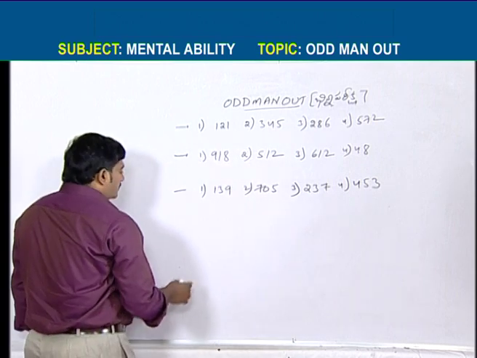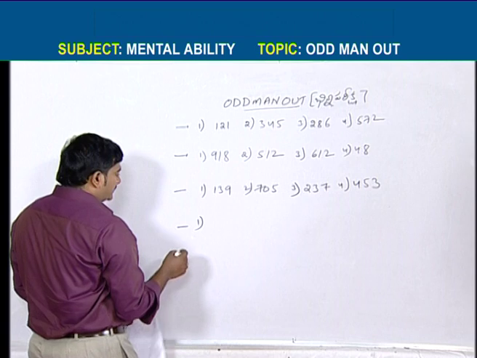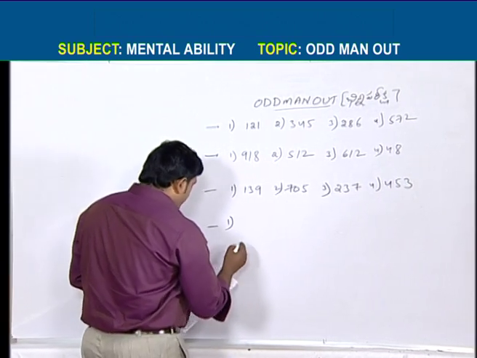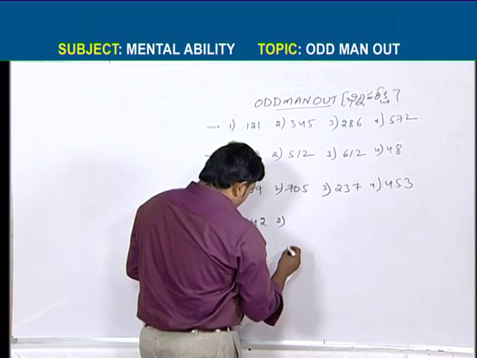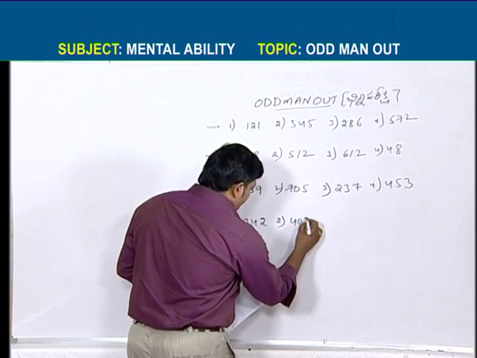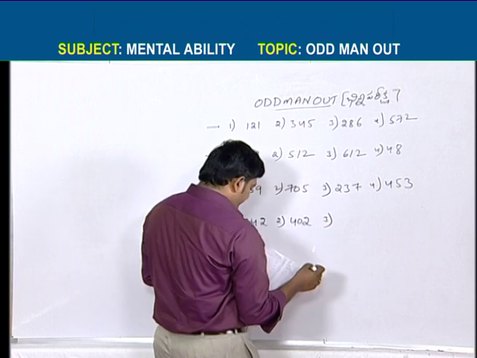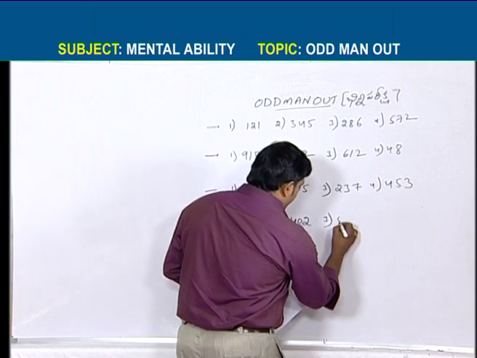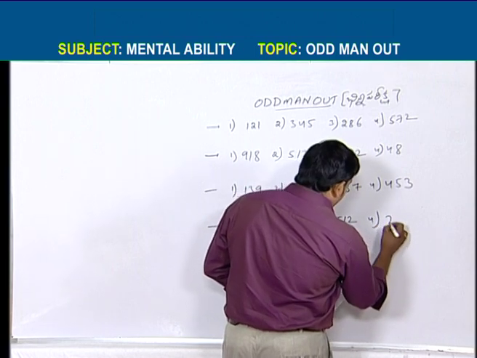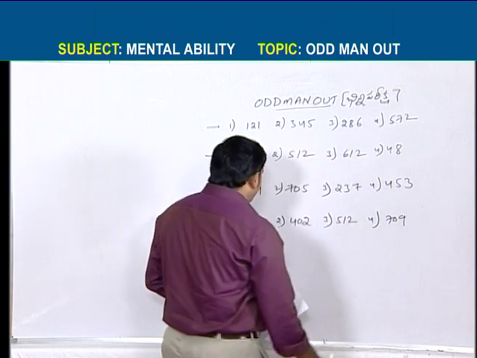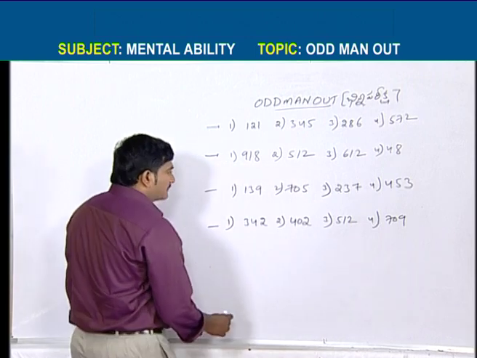Now the next question: the first option is 342, the second option is 402, the third option is 512, the fourth option is 709.